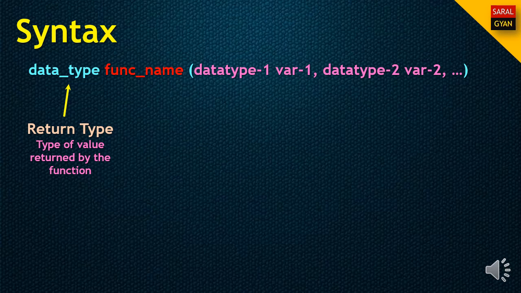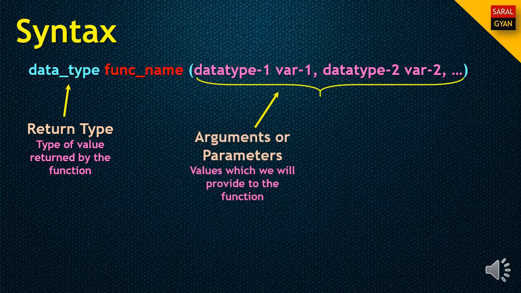These, data type 1, variable 1, data type 2, variable 2, and so on, are known as arguments or parameters, meaning the values which we provide to the function for its execution. The function performs its processing, and later a value of the return data type is returned as a result of the execution.